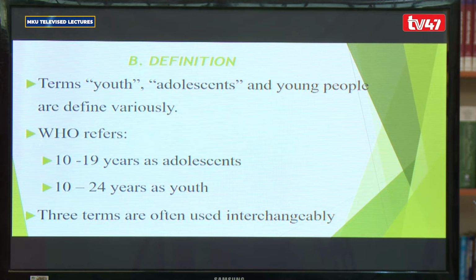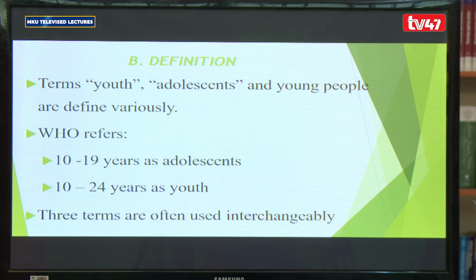Let's look at the definitions. The terms youth, adolescents and young people are defined variously. But by the WHO, when we talk about adolescents, we refer to the age bracket between 10 to 19 years.